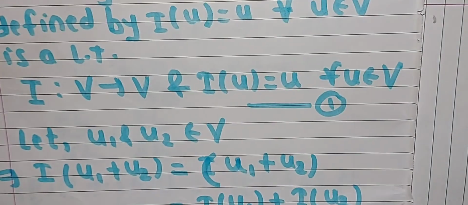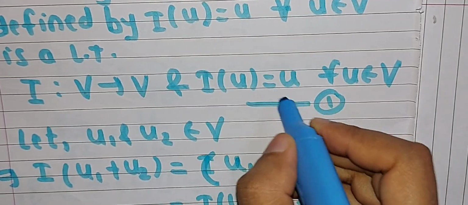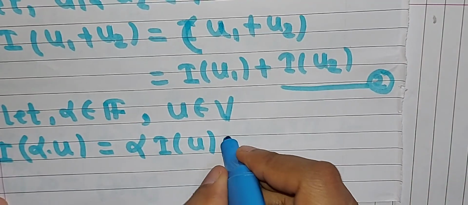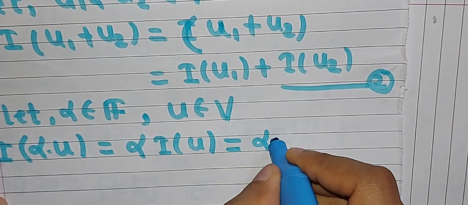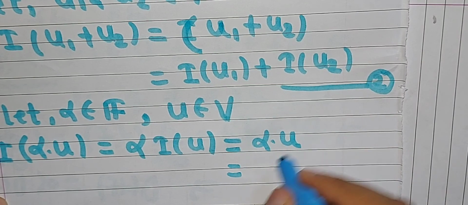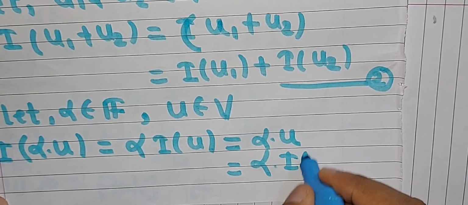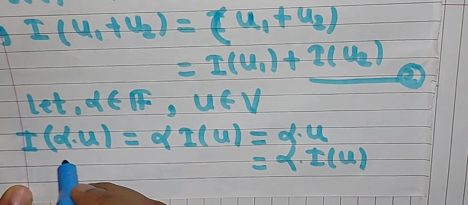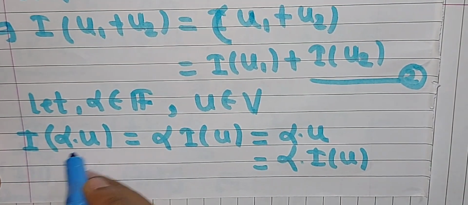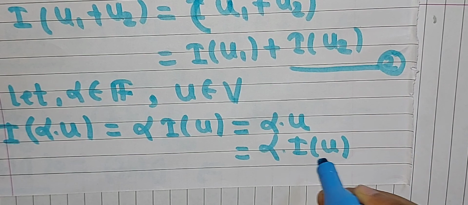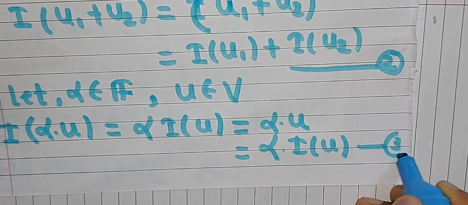With the help of equation number 1, I of u can be replaced by u, so this gives alpha dot u, and with the help of equation number 1, u can also be written as I of u. So we have obtained I of alpha u is equal to alpha I of u, and we denote this as equation number 3.